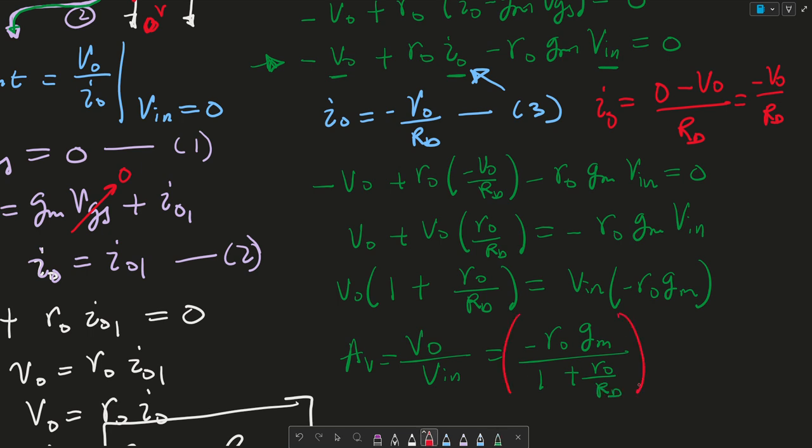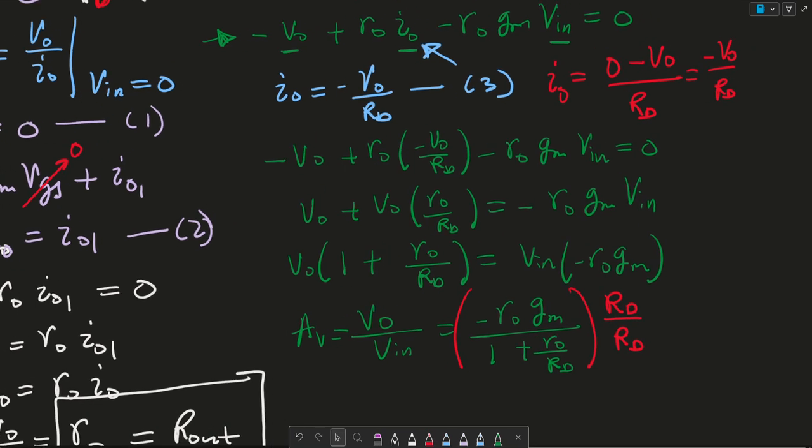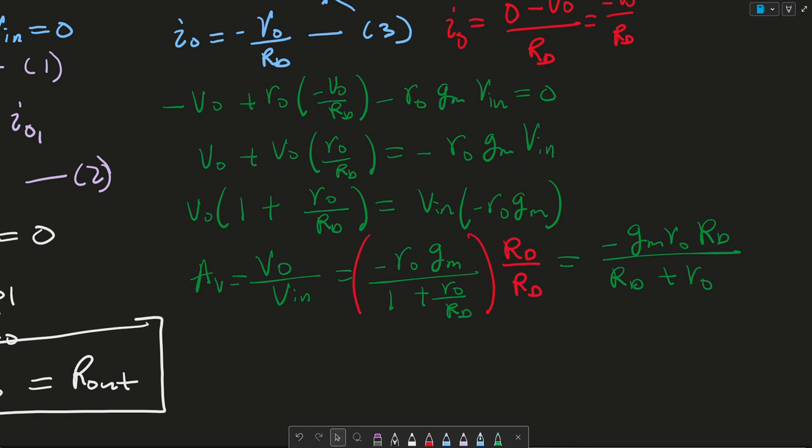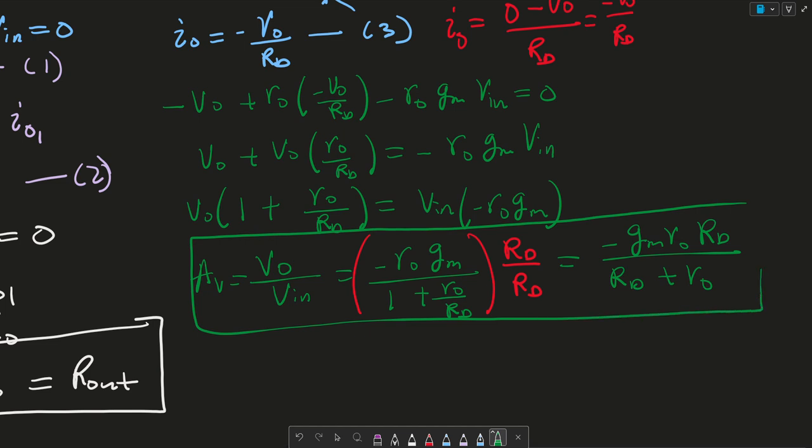If I go ahead and multiply this right-hand side by RD over RD, what we're left with is minus GM RO times RD over RD plus RO is equal to AV. So this is your total AV gain of a common source N-channel MOSFET.